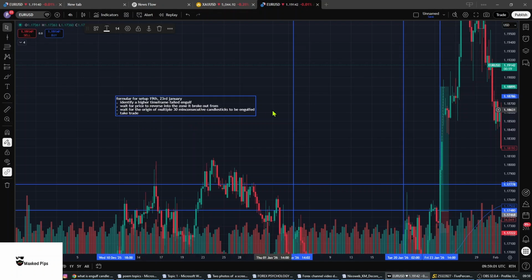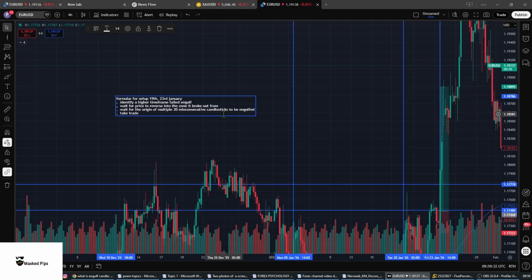Then after you reverse back into the zone, you narrow down to your 30 minutes time frame, or whichever smaller time frame you choose to use. And then you look for a situation where multiple consecutive 30 minutes bearish candles are being printed. In this case, we're using bearish. It could be bullish. It just has to be the opposite of the direction you are looking to go for.